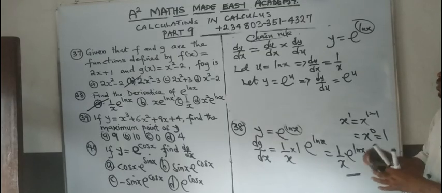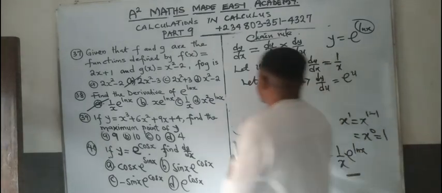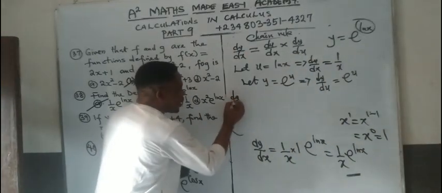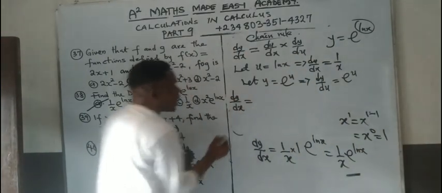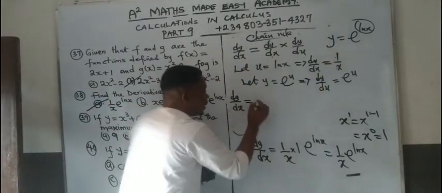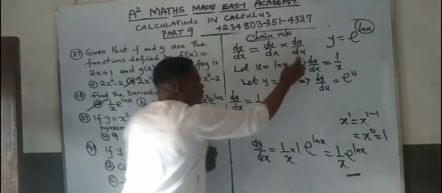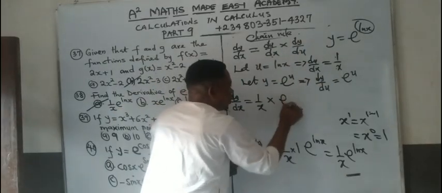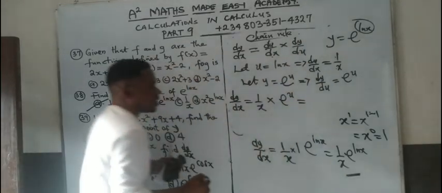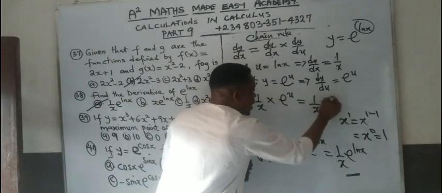So at the end, we are able to achieve what we are looking for. Can we move to the formula and substitute now? Then watch. I will now say dy over dx is now equal to, do we know du over dx? Alright, it's solved already. It is 1 over x. Then I will multiply. Do we know dy over du? What is dy over du? Exponential u. Finally, I will now say 1 over x times exponential is 1 over x exponential in ln x.